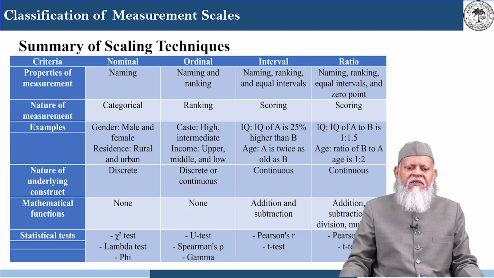As far as statistical tests are concerned, in nominal we can use the chi-square test, lambda test, etc., whereas in ordinal we use the U test, Spearman's rho test, gamma test. In interval we have Pearson's r and the t-test, whereas in the ratio scale, we can use Pearson's r and t-test, or also various kinds of tests that have not been shared here.